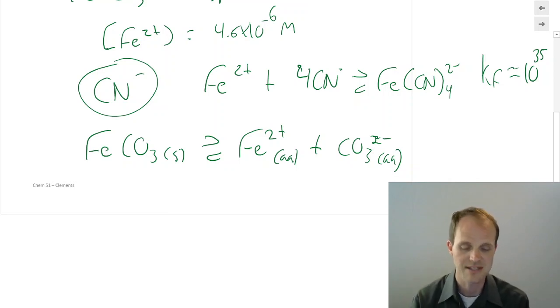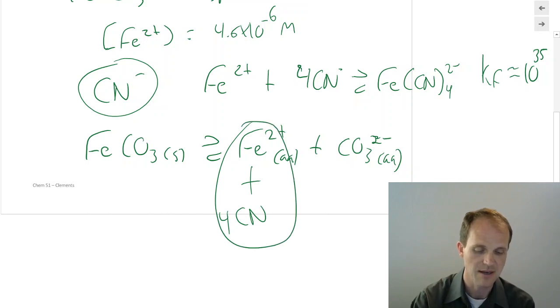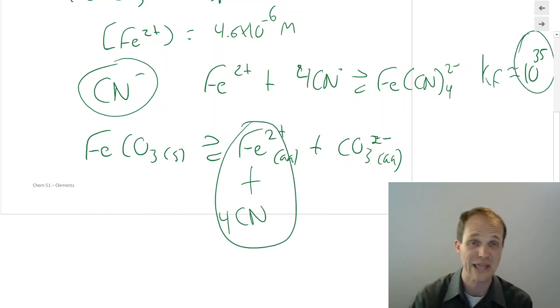And so what's going to happen in this case? If we add some potassium cyanide to this solution, it's going to react with this guy, making this complex with a K of 10 to the 35. It's strongly driven towards the products, right?